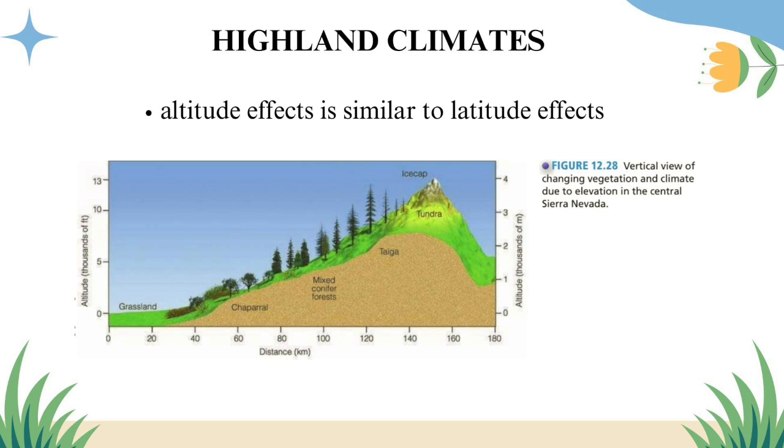So I have here a diagram that illustrates vegetation changes with elevation, from tropical lowland zones, grassland, rainforest to temperate forest and alpine meadows as you go higher. The figure notes that altitude mirrors latitude, meaning climbing a mountain is like traveling from the equator to the poles.